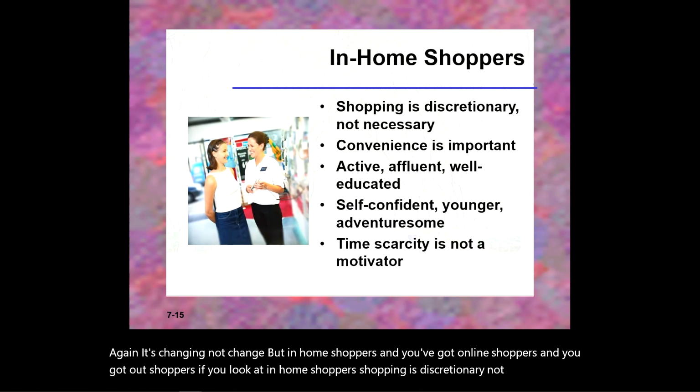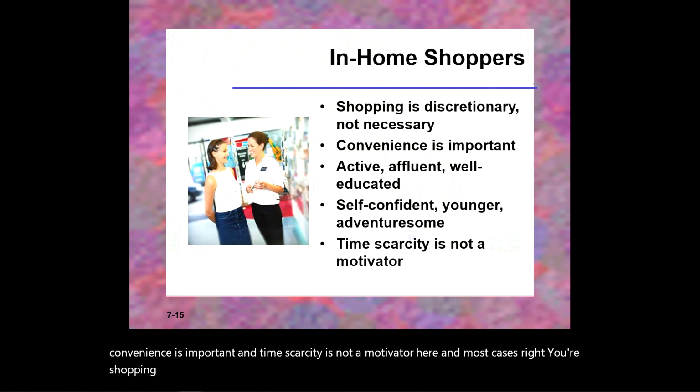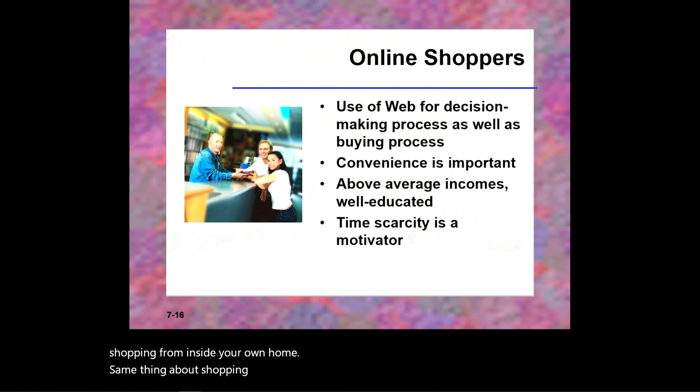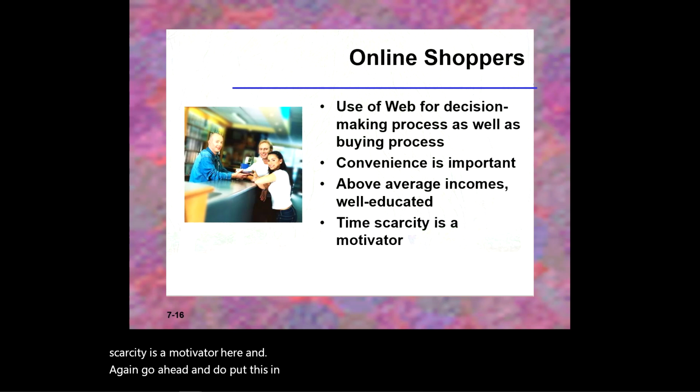Convenience is important, and time scarcity is not a motivator here. In most cases, right, you're shopping from inside your own home. Same thing about shopping online. Use of the internet, convenience is important. Again, time scarcity is a motivator here. And again, go ahead and do put this in perspective of today.